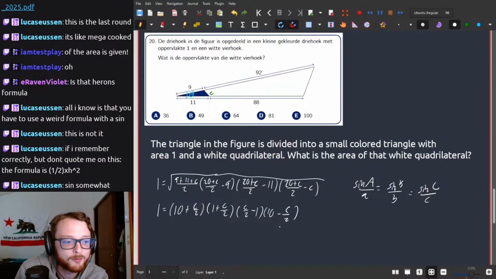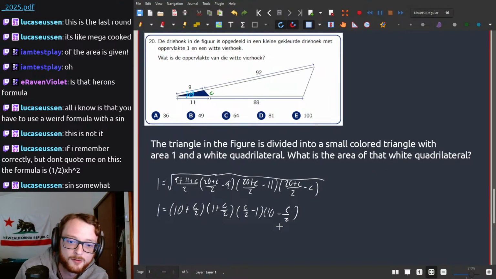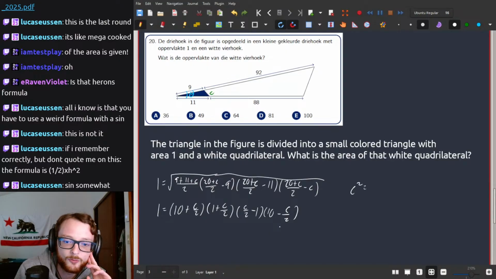Or maybe law of cosines then. There is c squared equals a squared plus b squared minus 2ab cosine theta. Or like angle c.